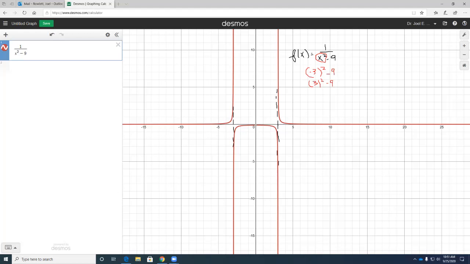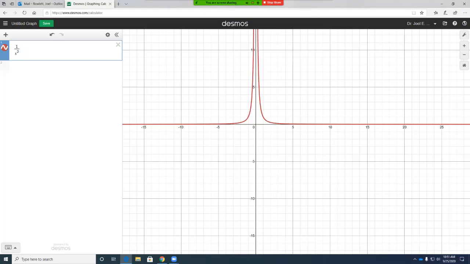And let's do one more. Let's change it to y is equal to 1 divided by x squared. Here we only have one value that's not allowed, and that value is 0.